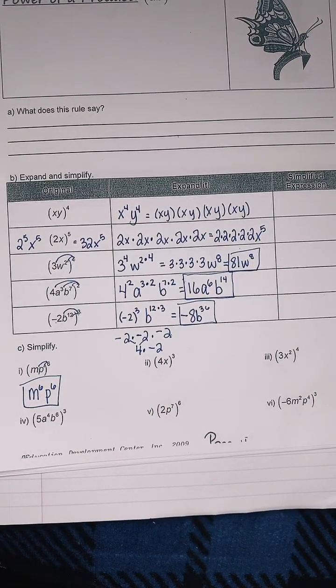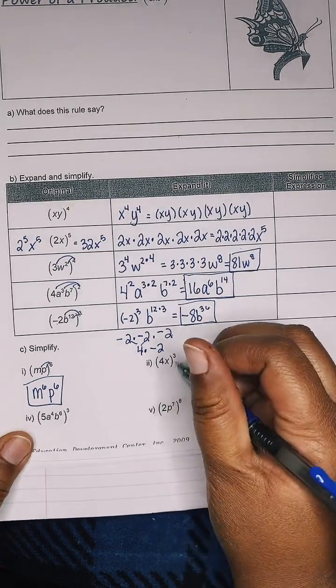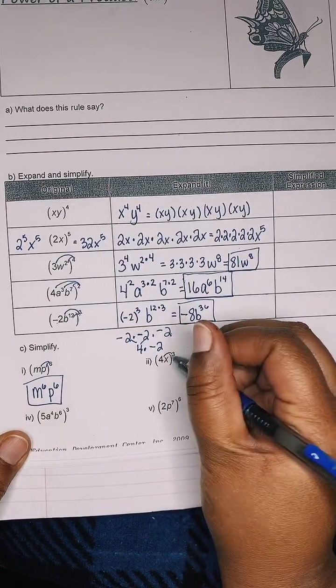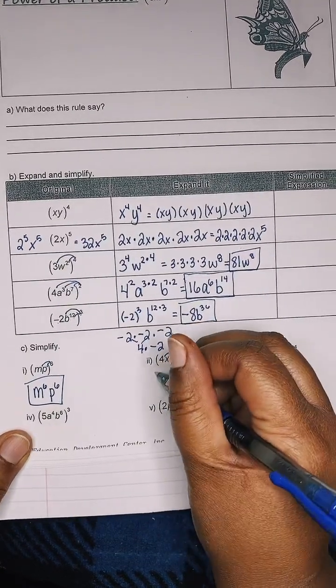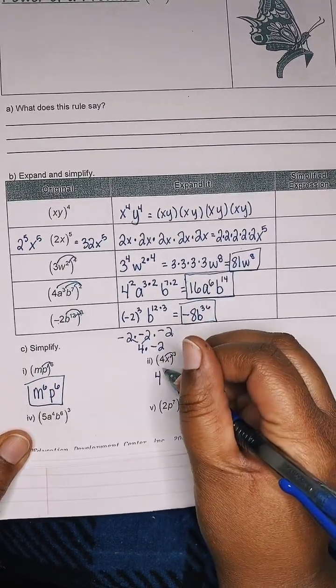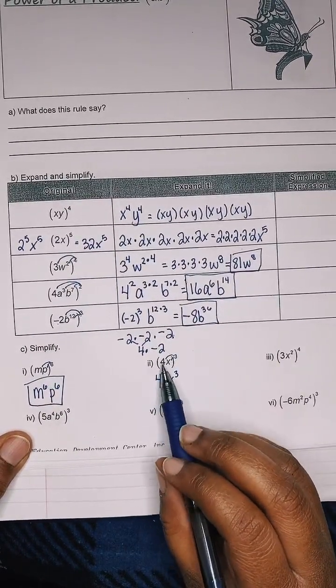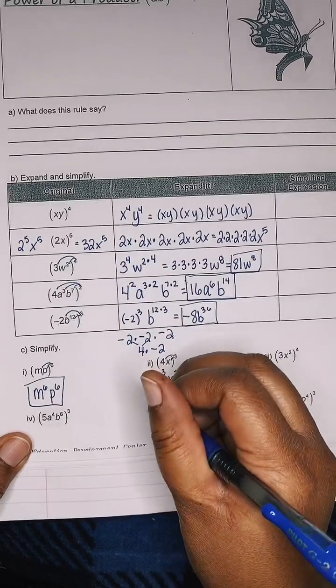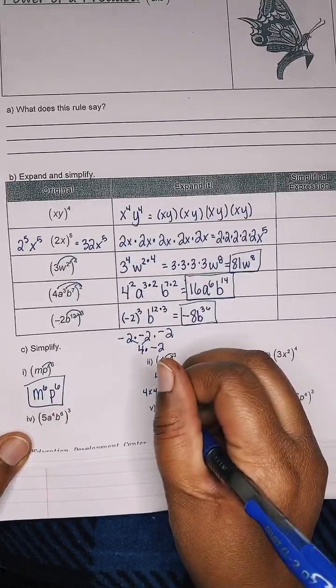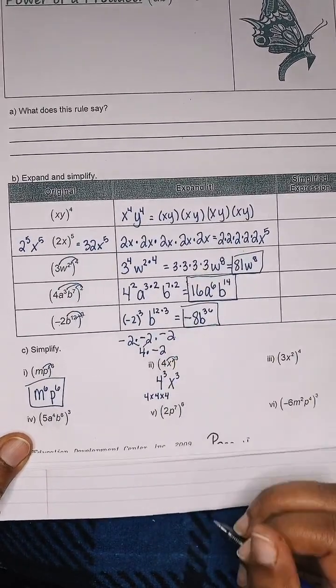So 64, good. 64, 32, x to the 3rd. Let's see. So remember, this 3 has to go to every single thing. So we get 4 to the 3rd, x to the 3rd. Now remember, this 4 to the 3rd means 4 times 4 times 4.